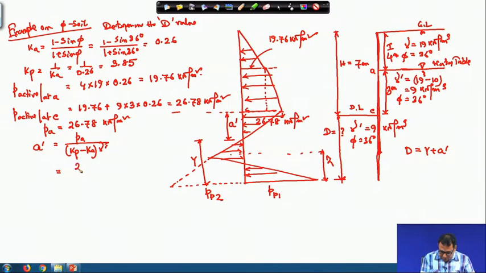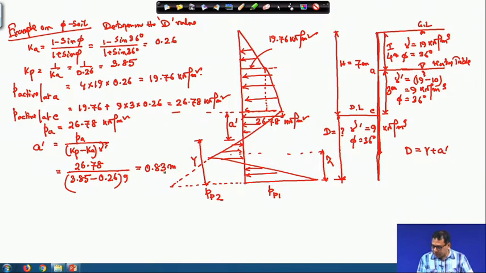So, Pa is 26.78 divided by Kp is 3.85 minus Ka is 0.26, and gamma dash is 9. So, this is equal to 0.83 meter. So, this value A dash is equal to 0.83 meter.